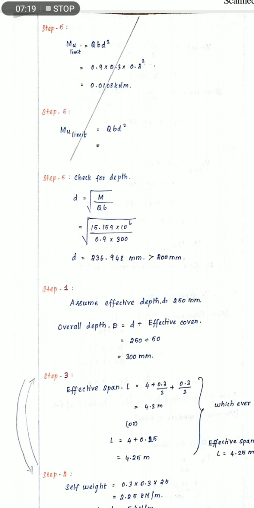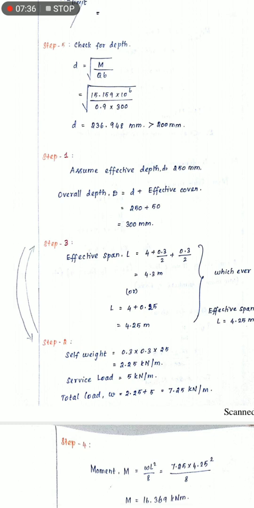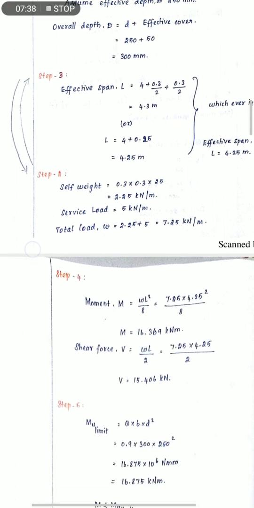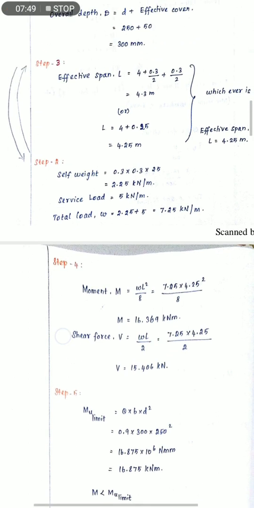Therefore overall depth equal to effective depth plus the effective cover of 50 mm, which is 300 mm. Then next steps are the same: find the effective span, load calculation, then moment calculation. These steps are calculated based on trial 1.